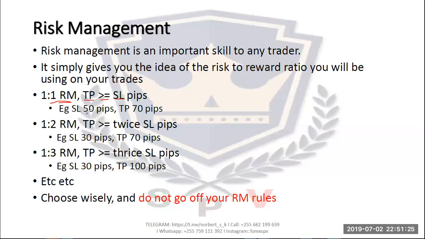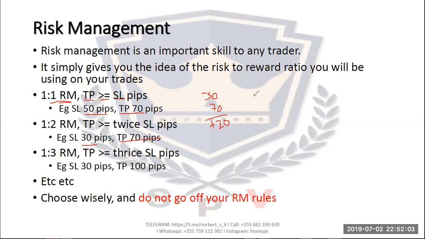Like if you're having a stop loss of 50 pips, your take profit is 70 pips. So if you lose one trade, you lose 50. The next trade, if you win, you earn 70. So in aggregate here, you have +20. This is 1:1. For 1:2, your TP should be twice or greater than twice your stop loss pips. Like if your stop loss is 30 pips, you use a TP of 70 pips, and so forth.